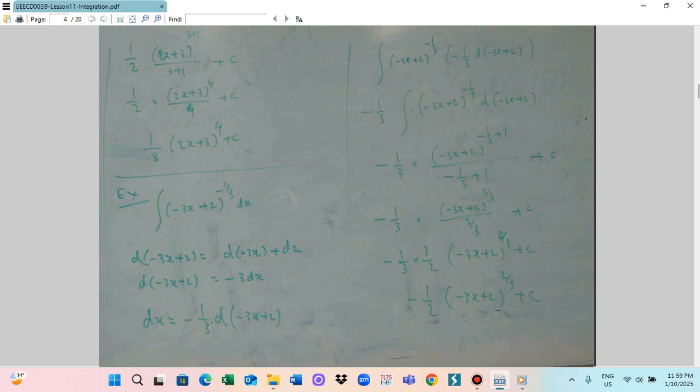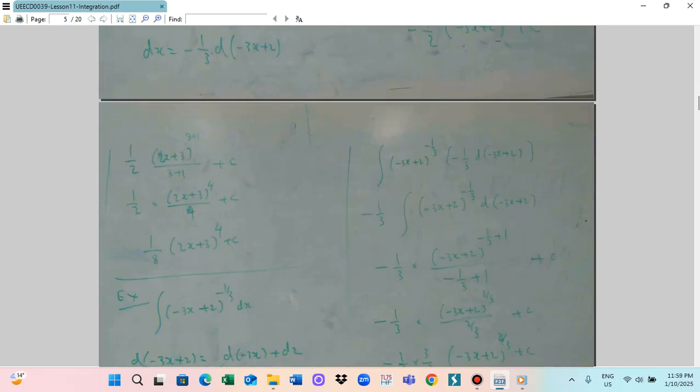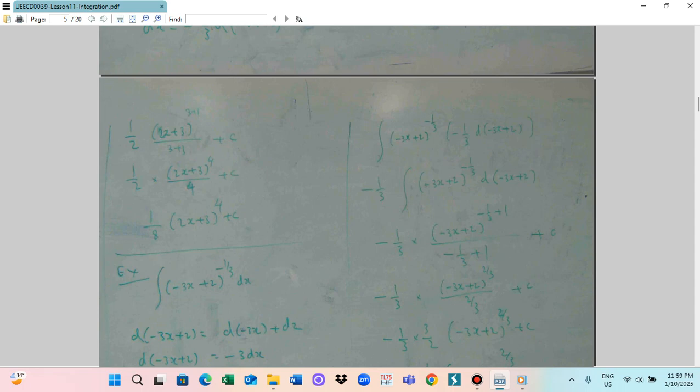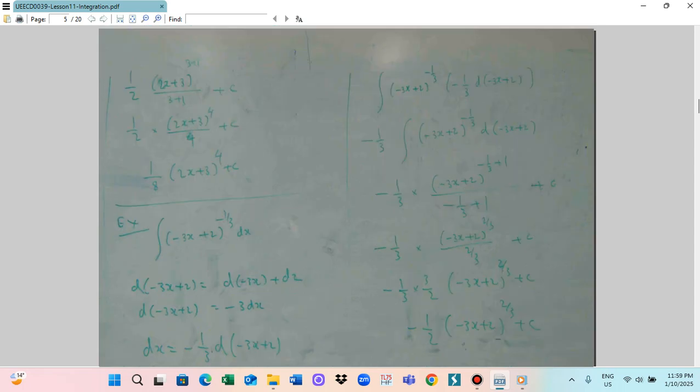So this becomes minus 1/3 into 3 by 2, (minus 3a plus 2) to the power 2 by 3 plus c. So this way you get minus 1/2 (minus 3a plus 2) to the power 2/3 plus c. So this is the answer.